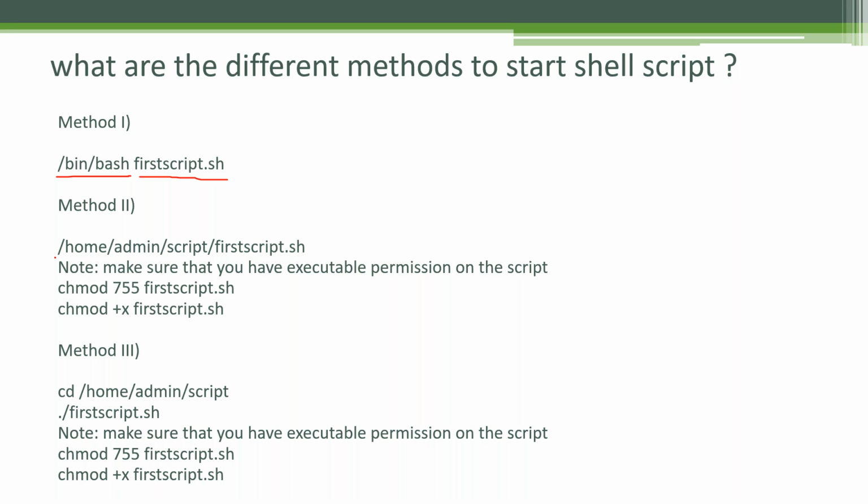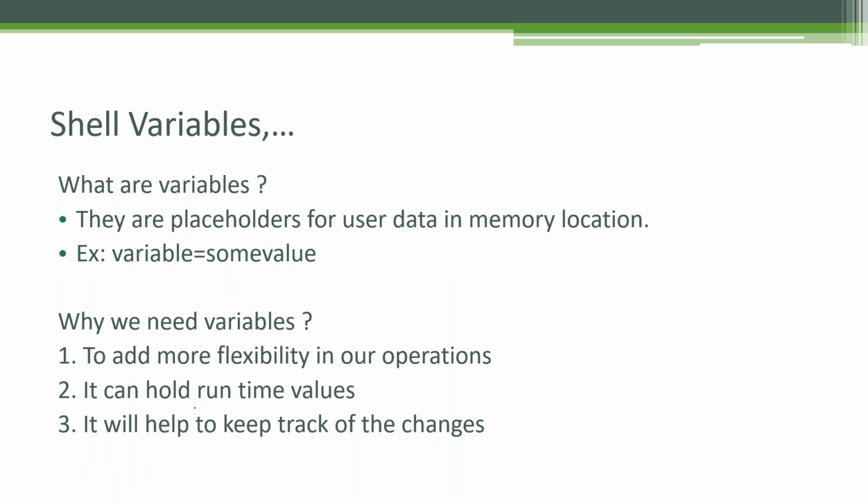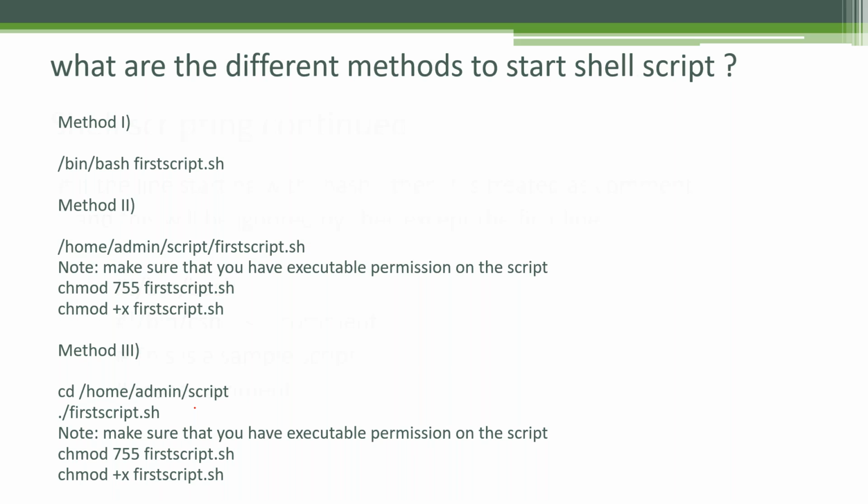The second method is to give the entire path to the script, but make sure that you have the executable permission. If it is not there, you need to change the permissions using the chmod command and give the permissions like this, and then you can execute the script. Moving on to the next slide then.